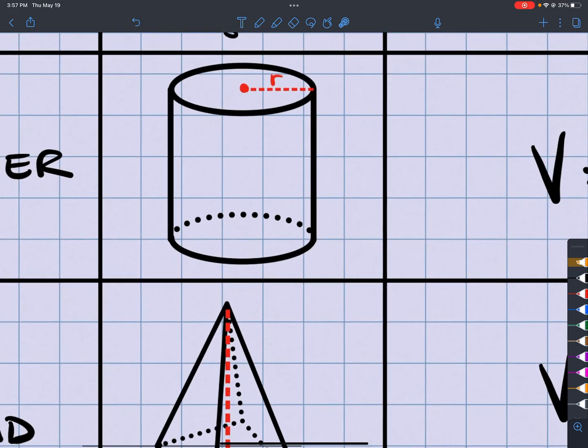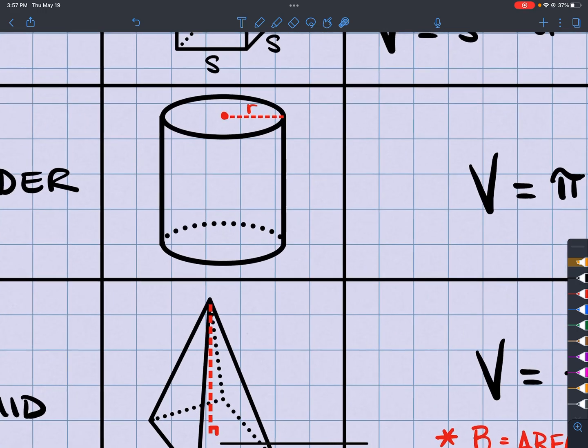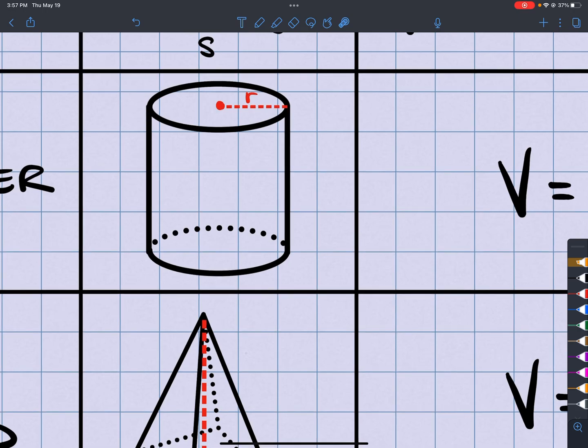This right here is a cylinder, kind of looks like a can, right? So the volume for that, now, the easiest way to do this is to say it this way. The volume of this is going to be the area of the base times the height.